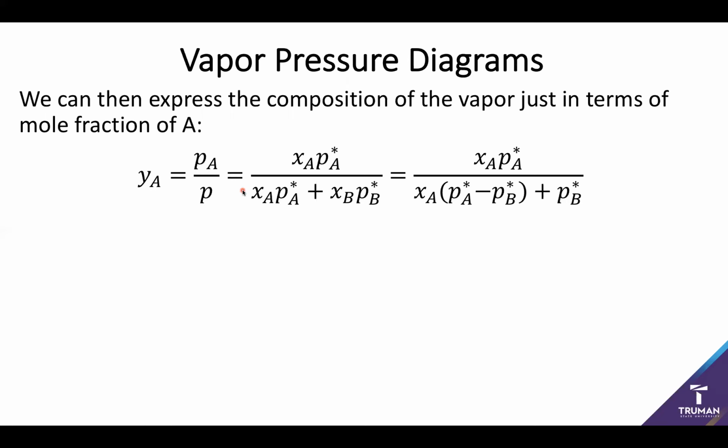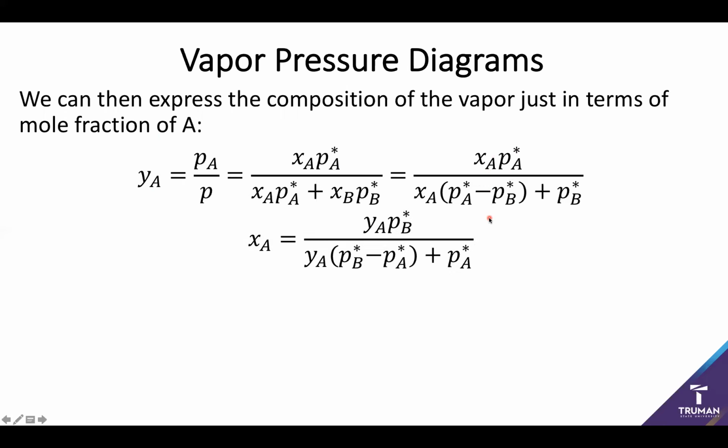However, sometimes we'll measure the composition of the vapor with some analytical instrument such as a GC, and what we're really going to want to know is what that tells us about the liquid mixture. With a little bit of kind of messy algebra, we can rearrange this expression so we can get the mole fraction of A in solution based purely on the mole fraction of A in the vapor phase.